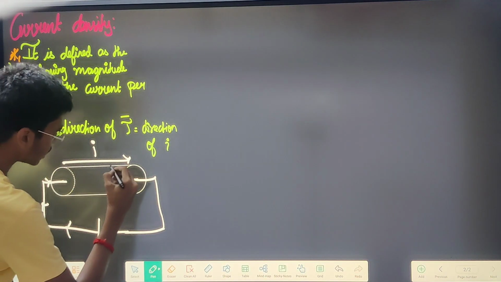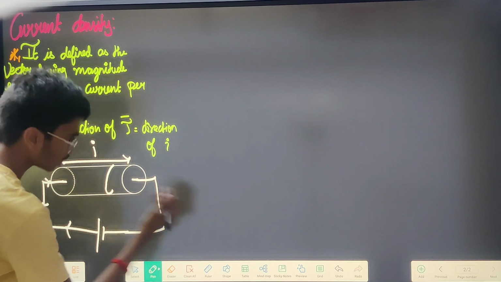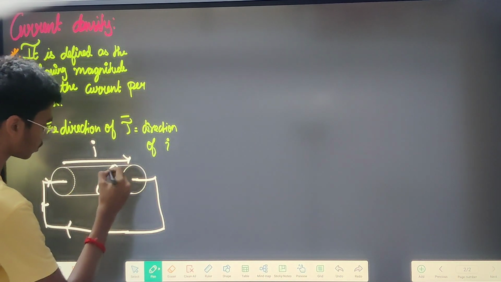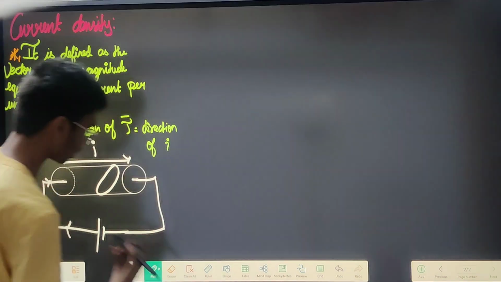In this, what I'm going to consider is this one cross-sectional area.